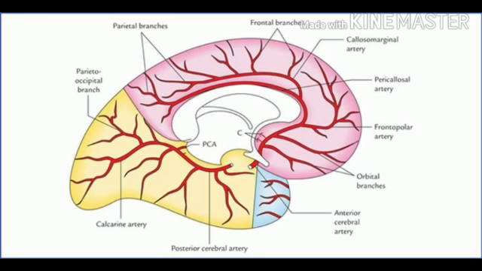So the anterior cerebral artery is the main arterial supply of the medial surface of the cerebrum, which it supplies via the frontal and parietal branches. The posterior cerebral artery supplies via the parieto-occipital and calcarine arteries, and the middle cerebral artery supplies a small portion.